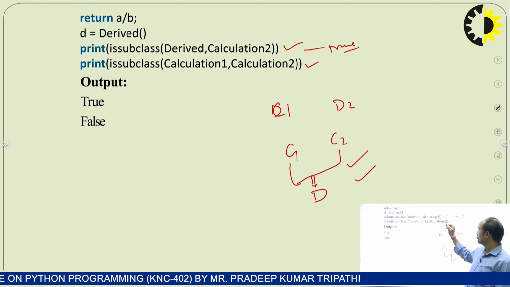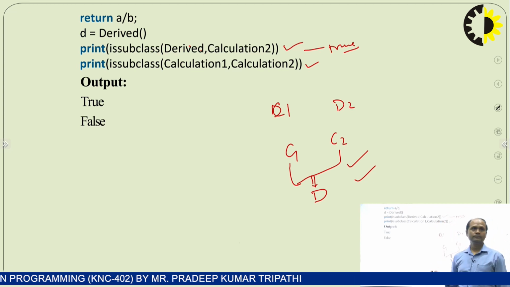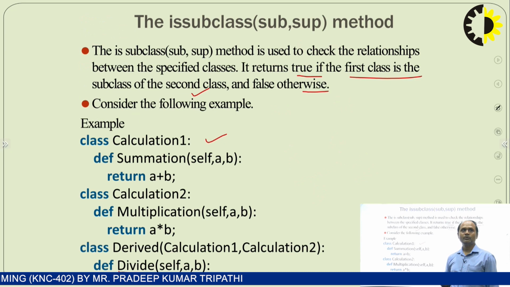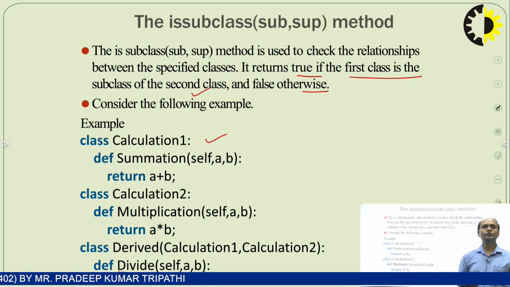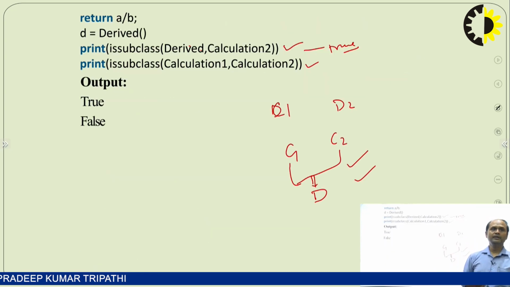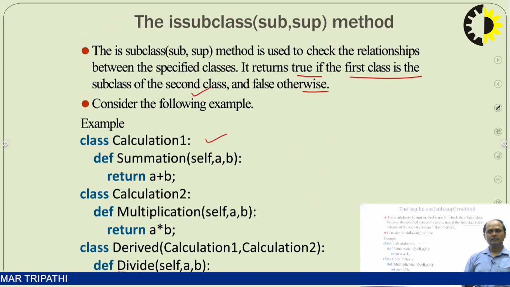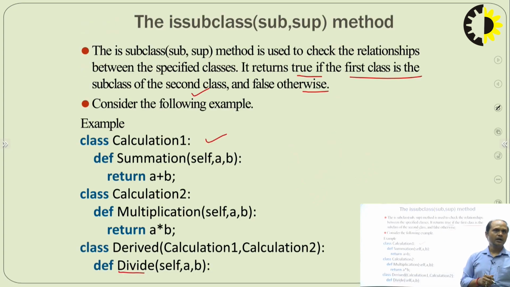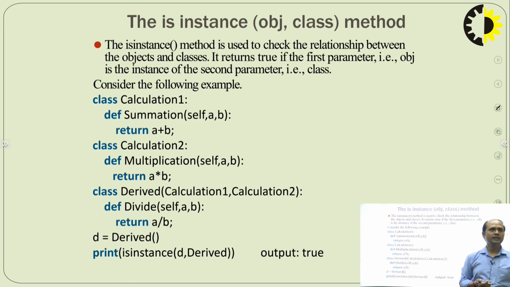But if we talk about the first statement, that is true. This is the concept of the issubclass method. When we ask what the base class and child class are, and how to check whether the child class is created or not, we can use this particular concept of subclass and superclass.